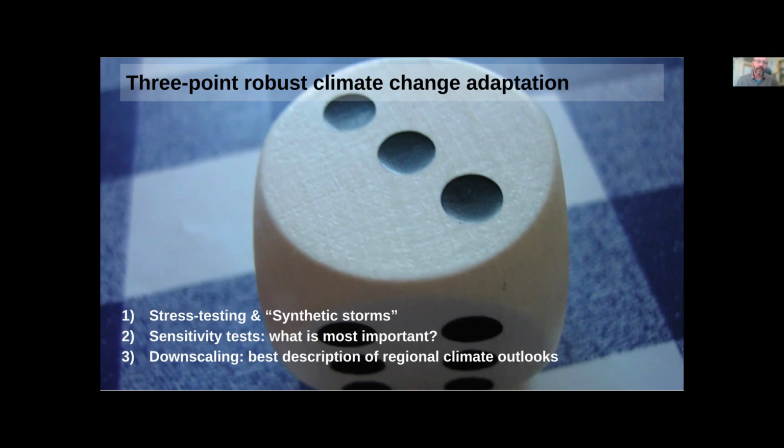And then another approach would be sensitivity tests, which addresses the question, what is the most important aspect of climate change? What are the key elements that really affects us? And then I will also discuss the traditional way, downscaling, and how to provide the best description of the regional climate outlooks.